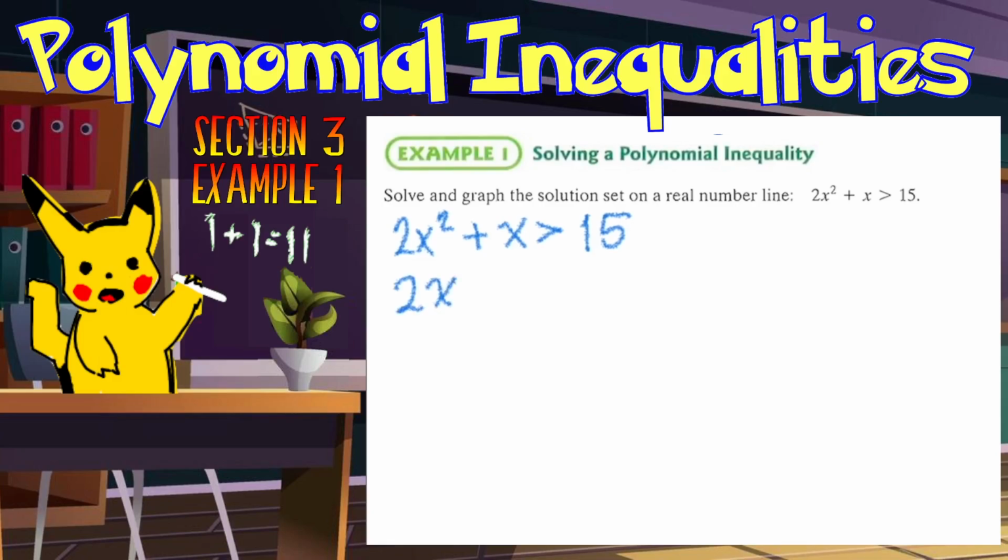I'm going to make sure, in the event that I have like terms, obviously I combine them, and that I keep my terms in descending exponential order so that it is set up best for me to visually realize how to continue the problem. So now that this is in standard form, like I mentioned before, I want to get my x-intercepts.